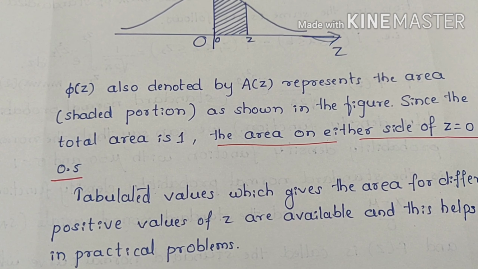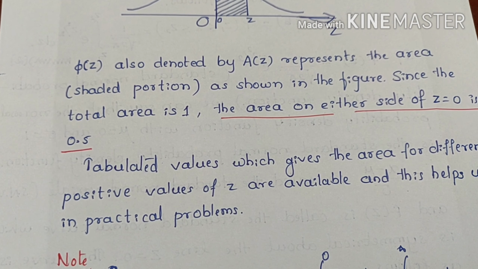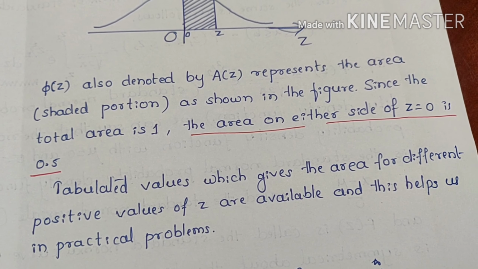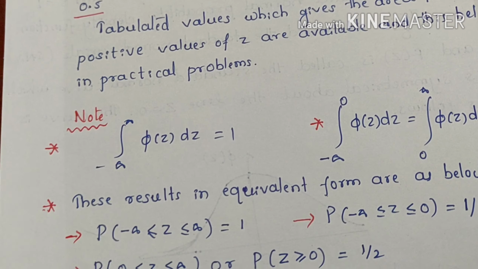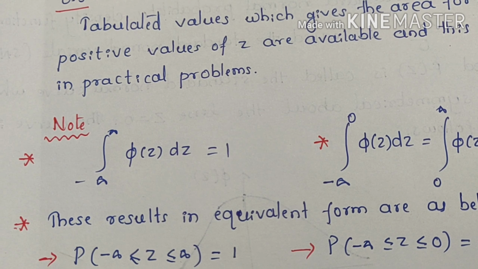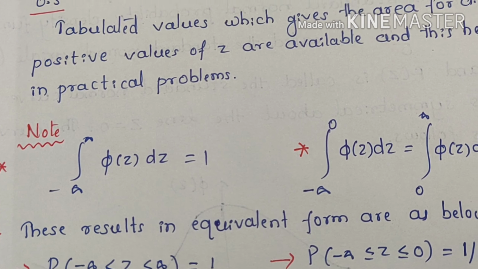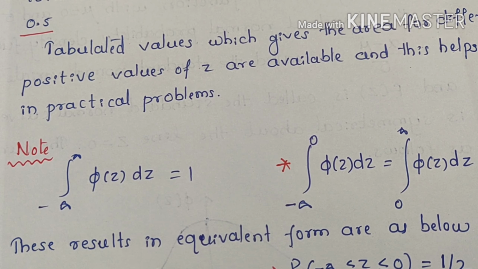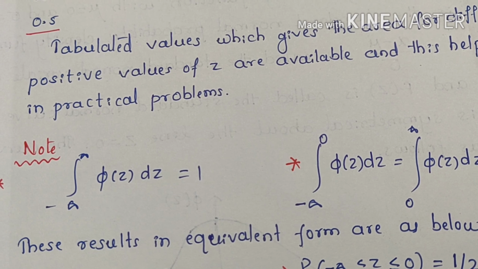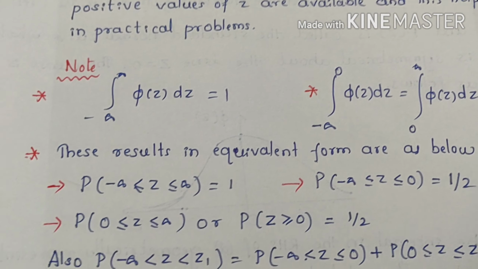Before going to solve problems, we need some more properties of the normal probability function. First, the integral from minus infinity to plus infinity of phi(z) dz is equal to 1. Again, the integrals from minus infinity to 0 and from 0 to infinity of phi(z) dz are each equal to 1/2.